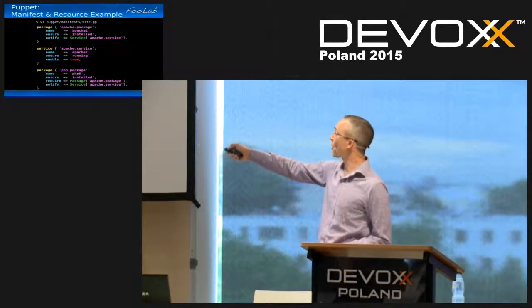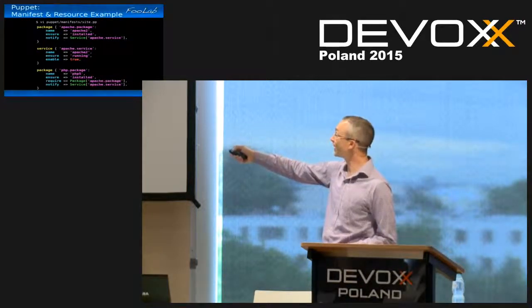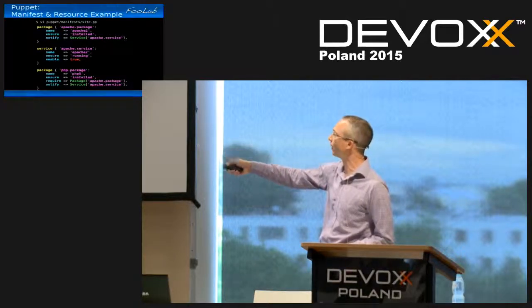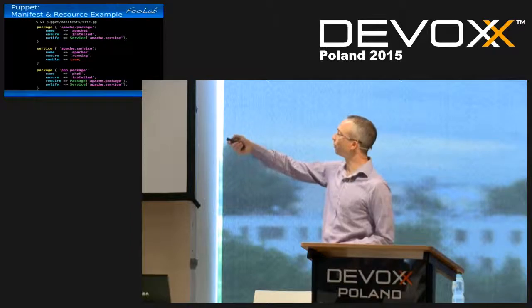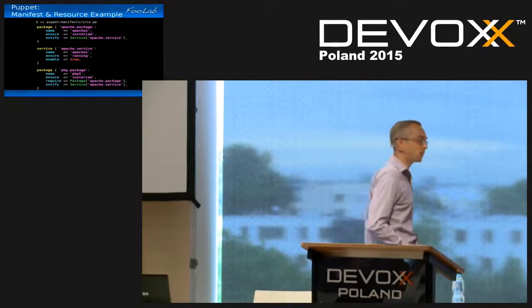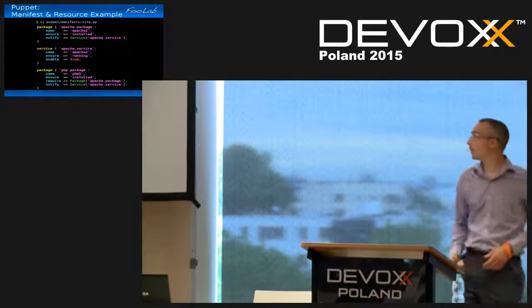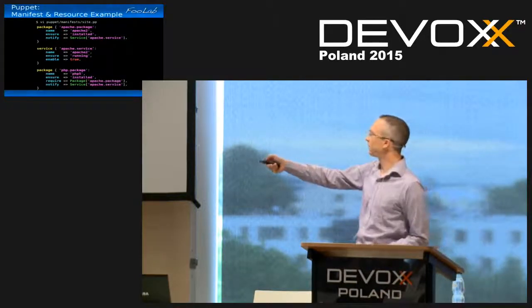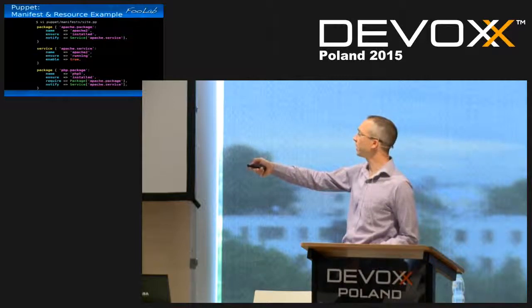The package I install is Apache 2. I make sure it's installed, and I notify the Apache service, which is defined here. So basically, this is the equivalent of apt-get install Apache 2. And this here makes sure that the service is running, and it's enabled.